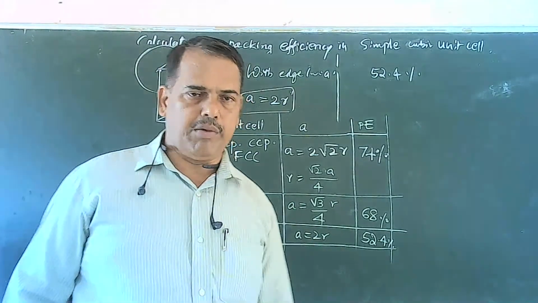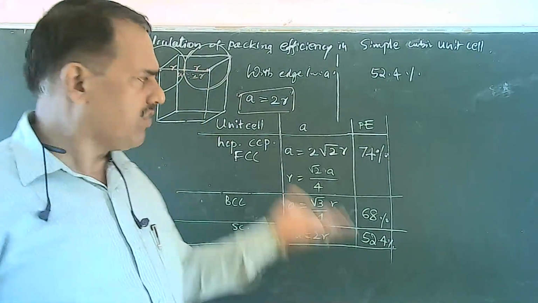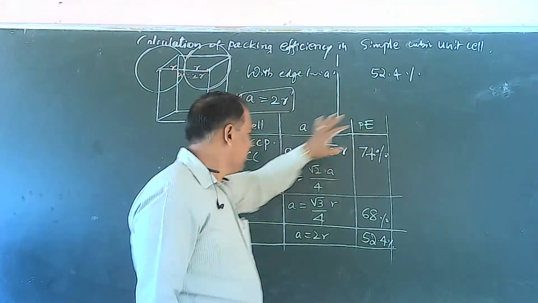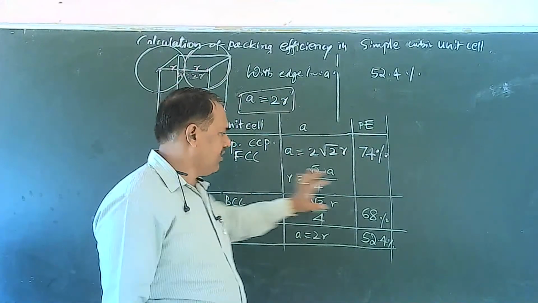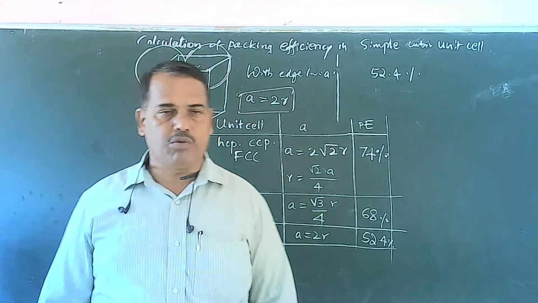By practicing you can easily remember. Just consider the triangle, then substitute the value. And packing efficiency in FCC is 74%, in BCC 68%, and in simple cube 52.4%.